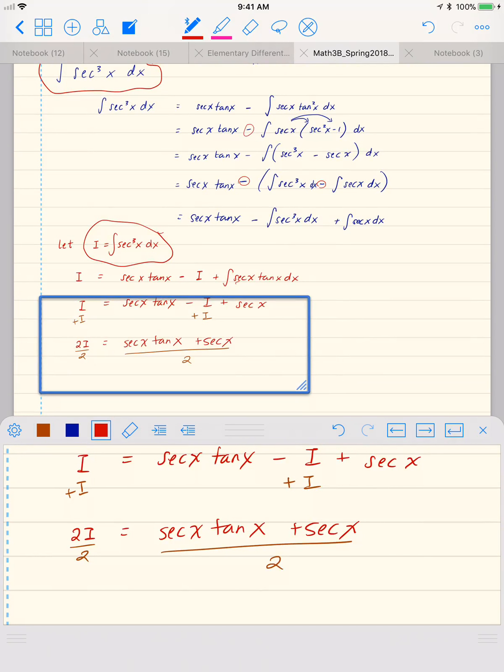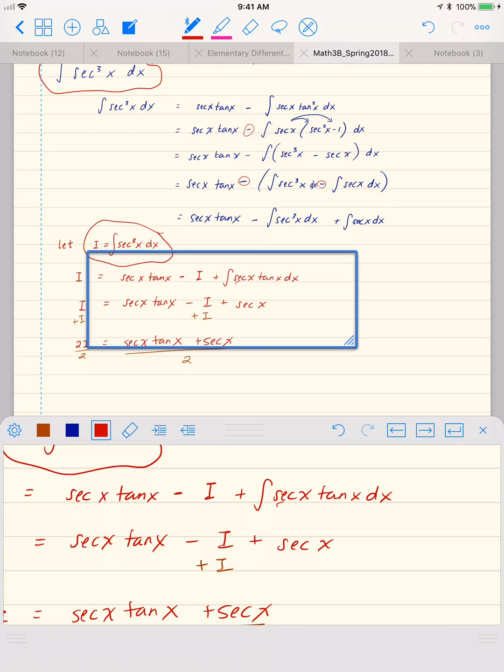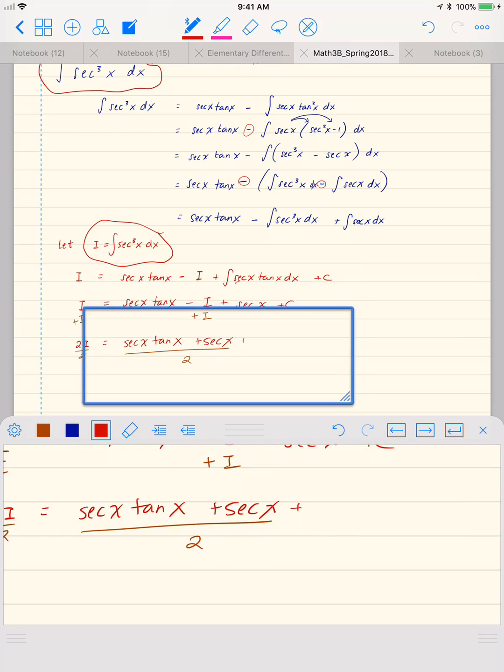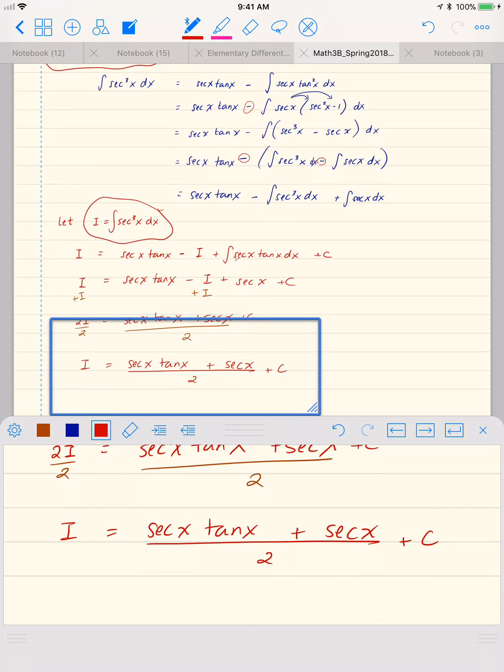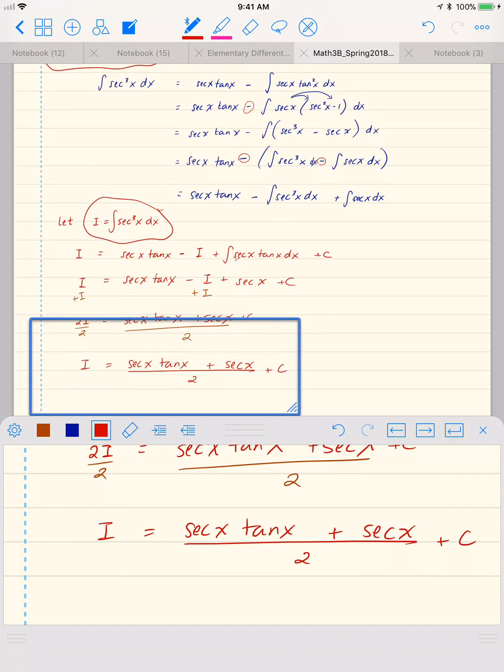Somewhere I needed to have a plus c, so I can put in my plus c here. Then I have I equals one half of secant x tan x, plus one half of secant x, plus a constant. And again, this I really is our shorthand notation for the integral of secant cubed x dx.